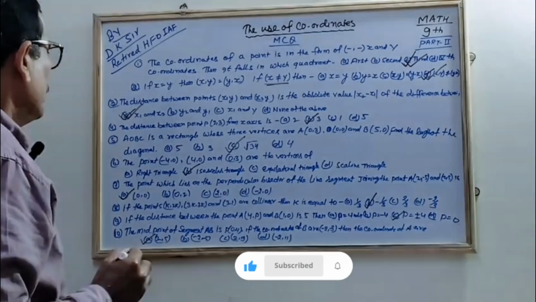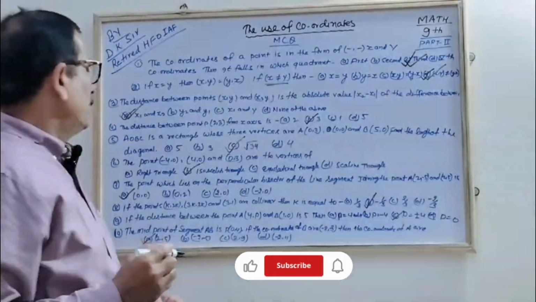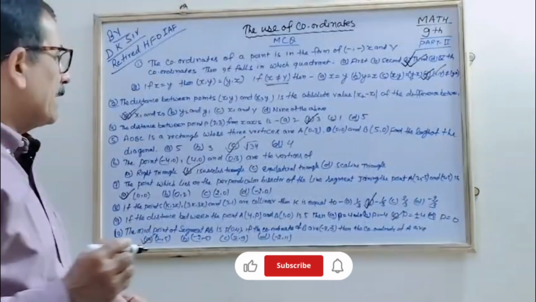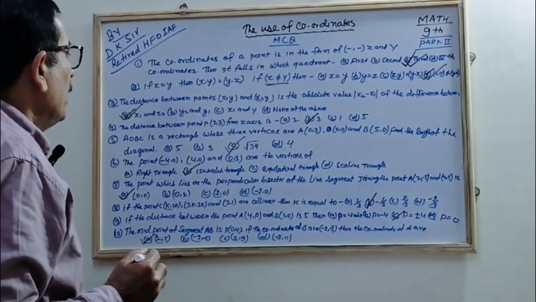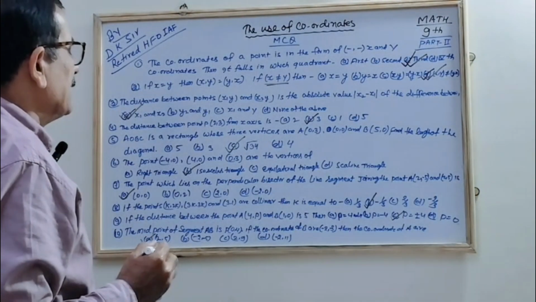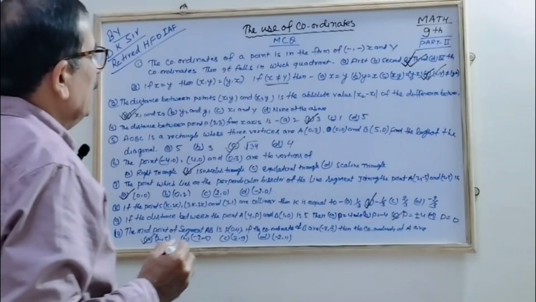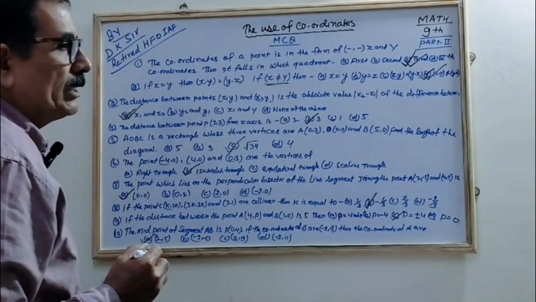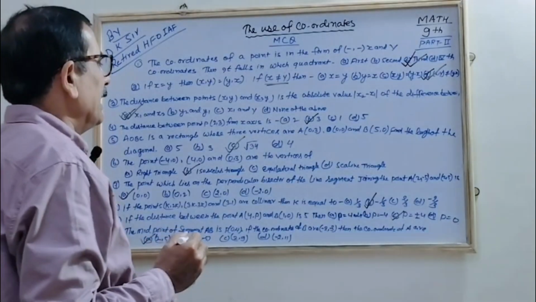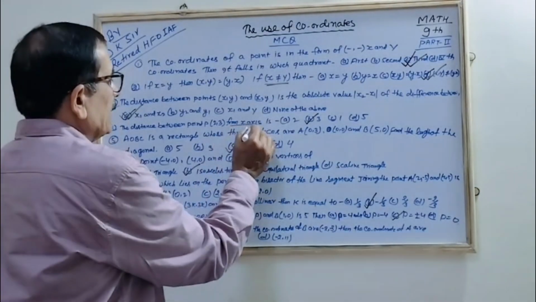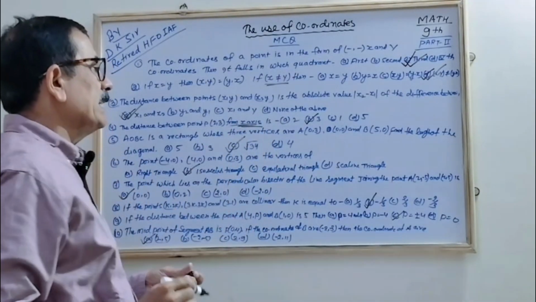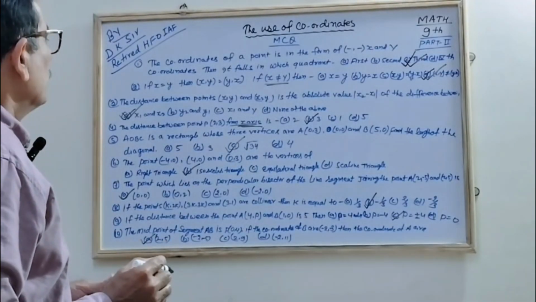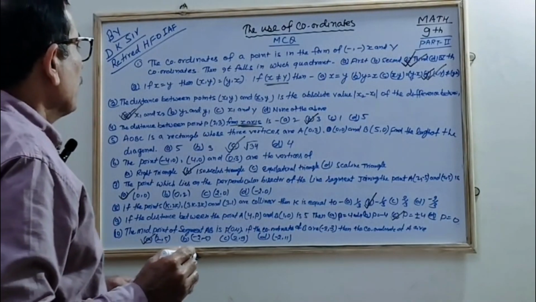The fourth is the distance. The coordinates of the point P are given as 2 and 3. What will be the distance of P from the x-axis? Gentlemen, we know the distance formula, so we can find the distance from the x-axis.